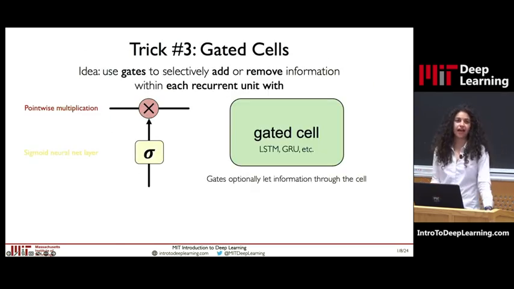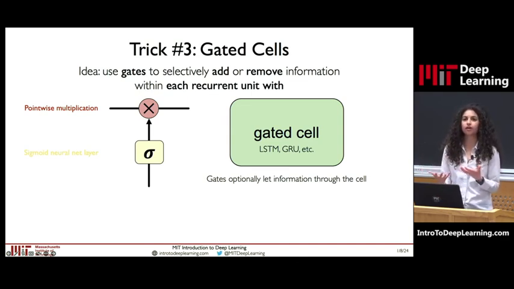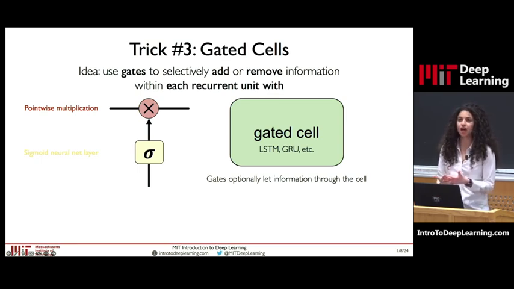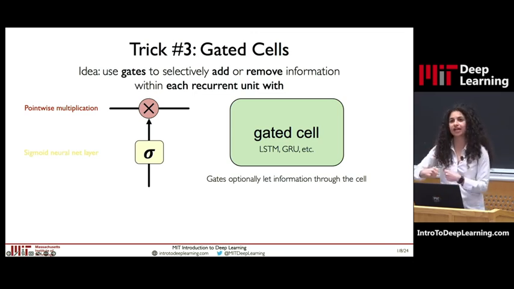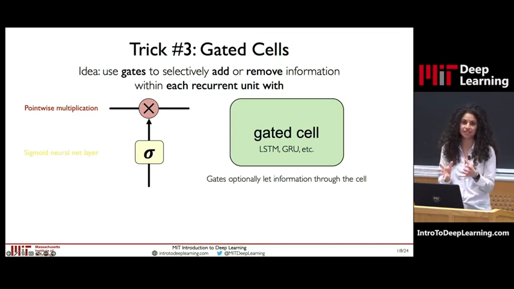The final idea, and the most robust one in practice, is to build a more robust neural network layer or recurrent cell itself. This is the concept of what we call gating, which is effectively introducing additional computations within that recurrent cell to selectively keep or selectively remove or forget some aspects of the information that's being inputted into the recurrent unit.